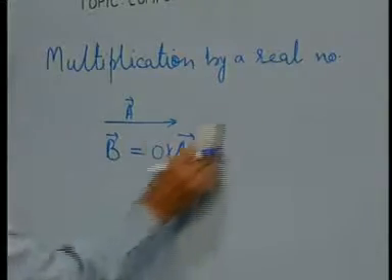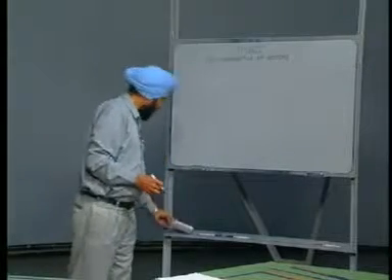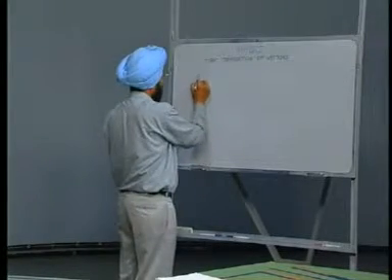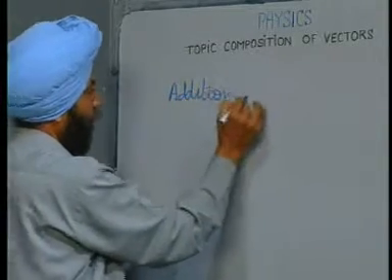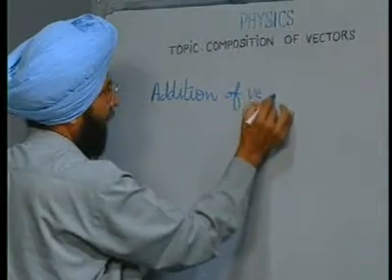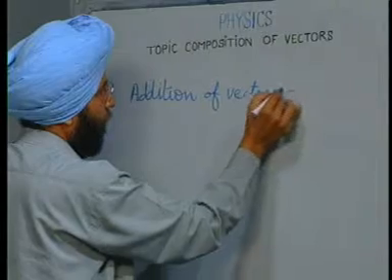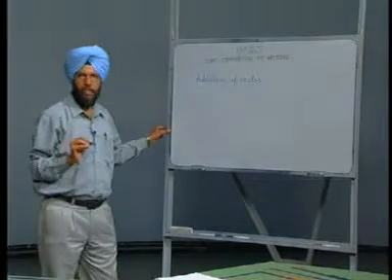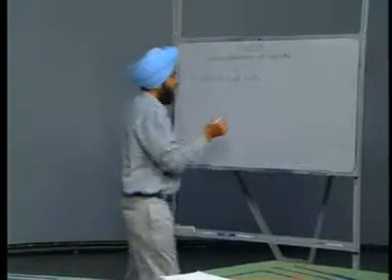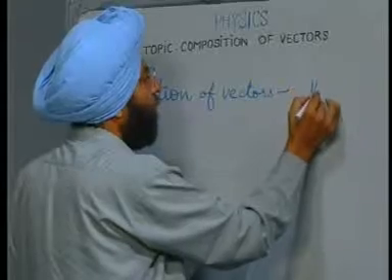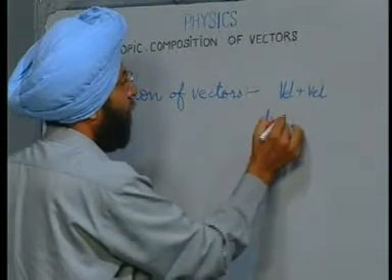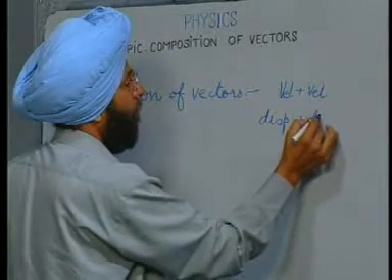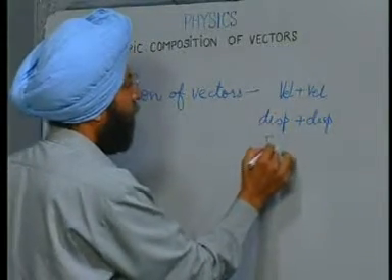So, with that now we proceed to composition of vectors. By composition of vectors we mean addition of vectors. When we add vectors, we have to keep one thing in mind very clearly: we can add velocity to velocity, displacement to displacement, force to force.